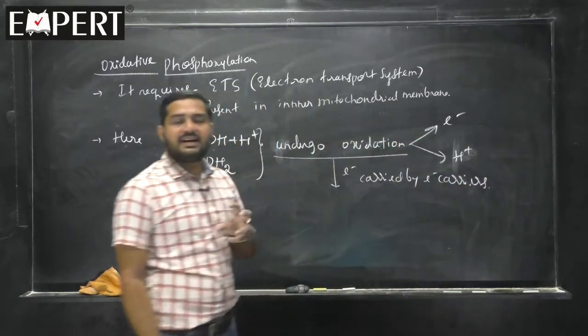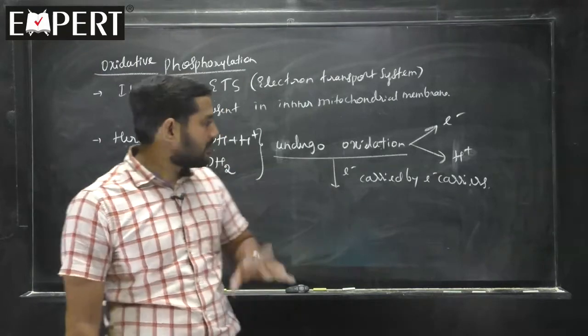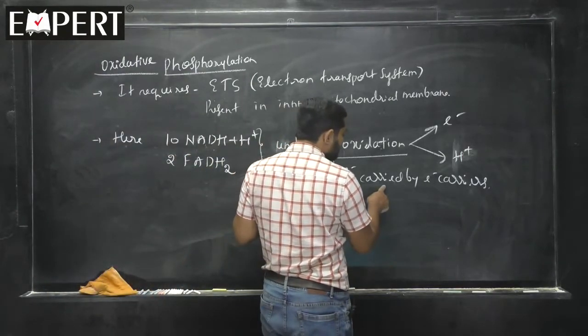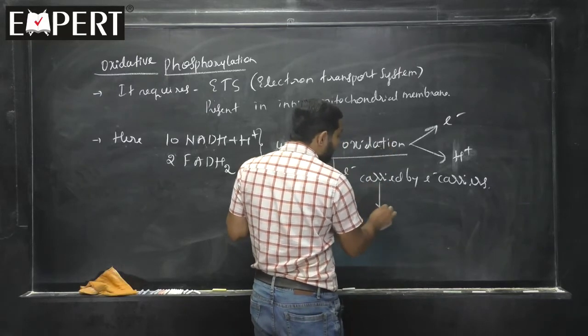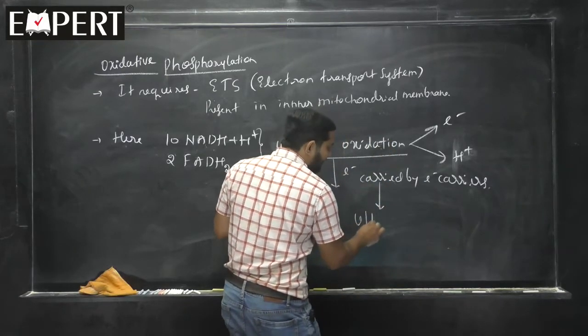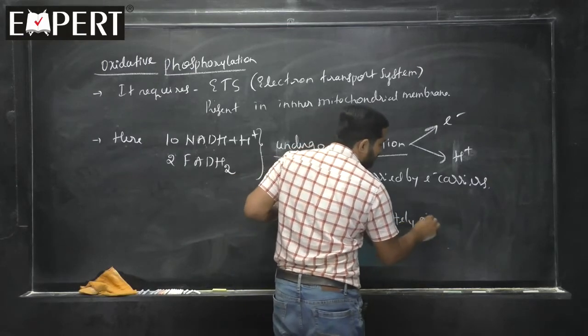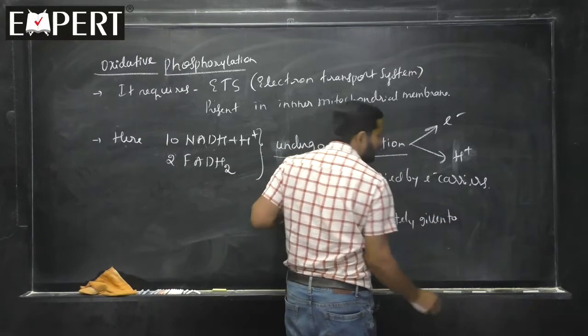The same event is seen in the case of photosynthesis also. Electrons are carried by electron carriers and ultimately given to whom?